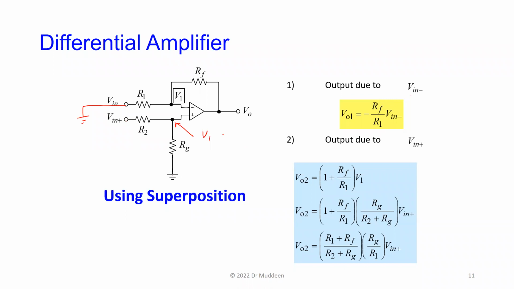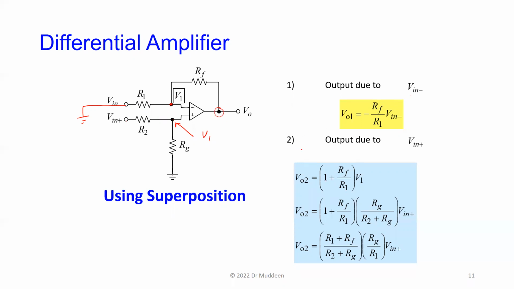V1 is in fact Vn divided by R2 plus Rg, multiplied by Rg. And if you remember some of the characteristics of op-amps, if here is V1, then here has to be V1 because of the virtual earth behavior. And if here is V1 and this point is grounded, then we can calculate V out.